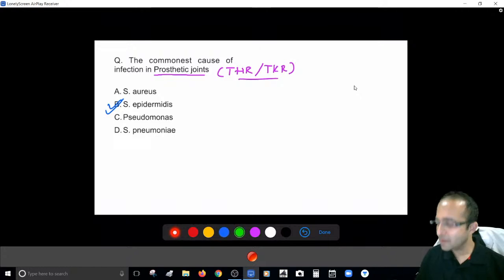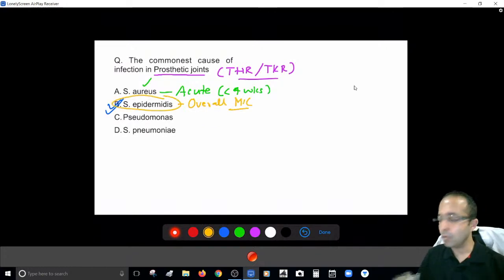I'll tell you. If you have had an infection and it is the acute scenario, which means less than 4 weeks since the infection, the cause would be Staph aureus. But this is not the overall more common scenario of infection in prosthetic joints. Overall, more commonly it is Staph epidermidis that is responsible for infections.